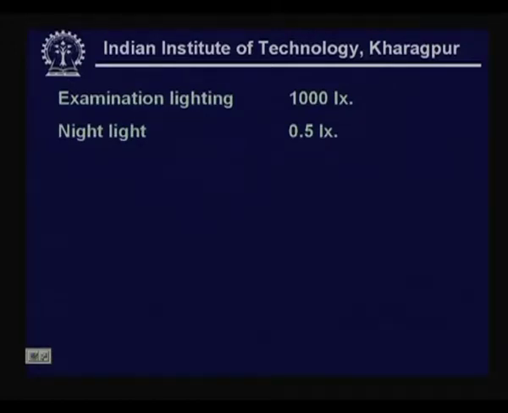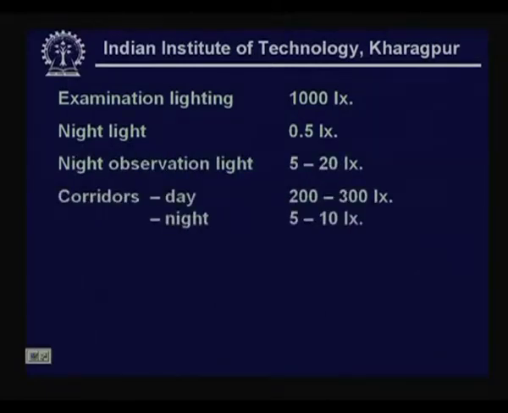Examination lighting requirements are very high and can go up to about 1000 lux. Night light should be around 0.5 lux. Night observation light in the nurse's station could be around 5 to 20 lux. In corridors, daytime needs higher levels, 200 to 300 lux, whereas at night it could be around 5 to 10 lux.